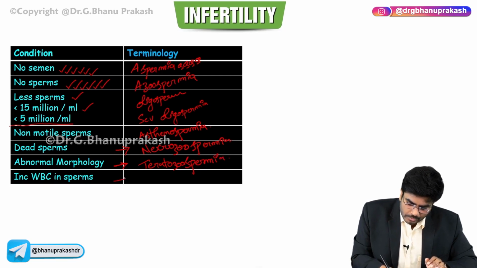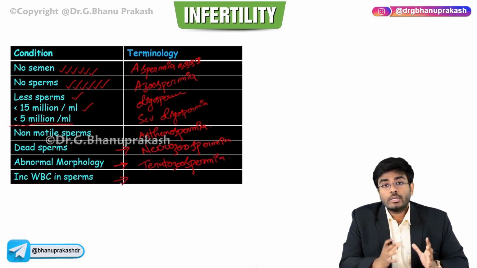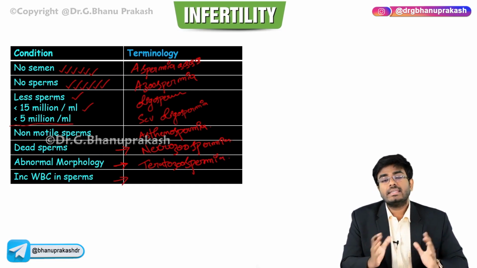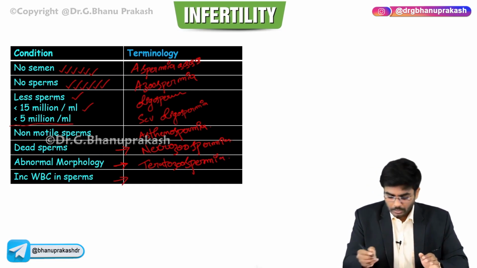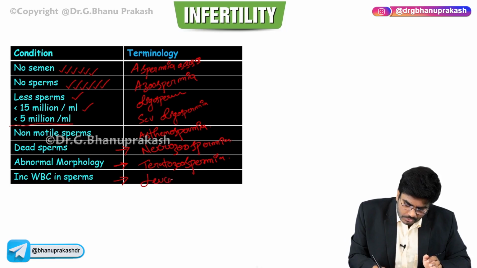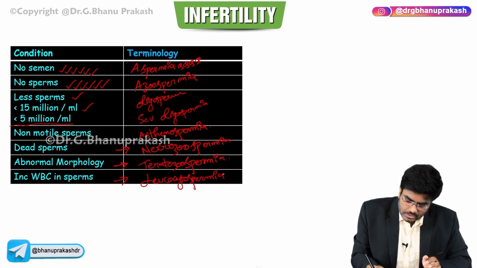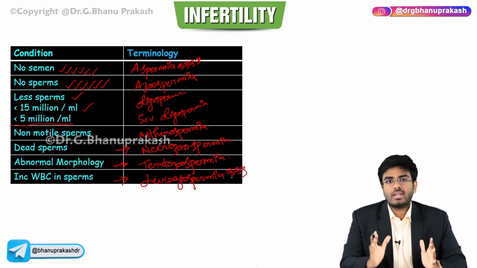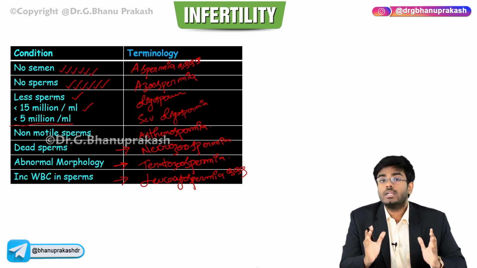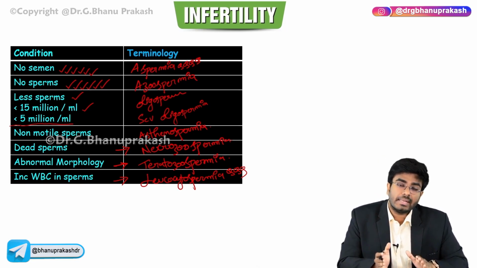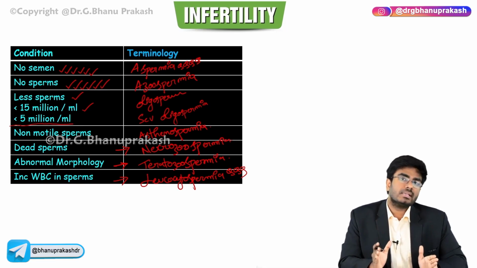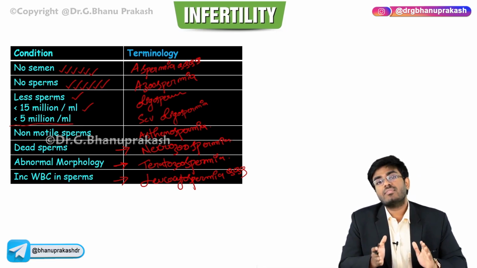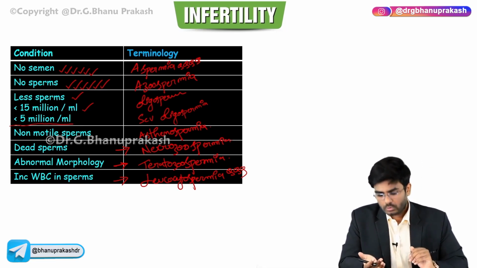Now increased WBC in the semen, there are more leukocytes. That is leukocytospermia. Okay, so these are certain important terminologies which need to be kept in mind. Why? Because they will ask you. Especially the important thing is oligospermia: less than 15 million per ml should be considered as oligospermia, and less than 5 million is severe oligospermia.